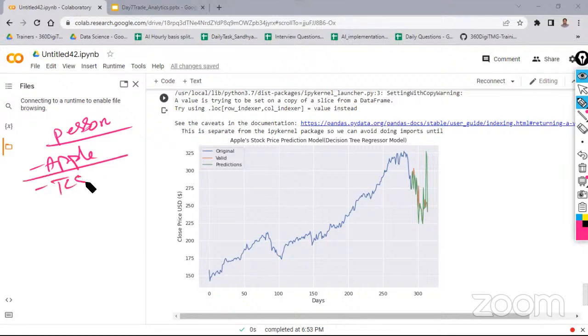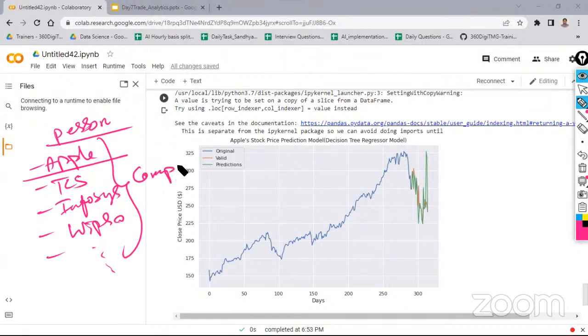He'll be looking into TCS, Infosys, Wipro, and other companies, and he is going to compare which is having more prediction or which is going to give you more price. So when you are doing it with a single company, you'll be getting predictions to conclude whether to buy the shares or not.